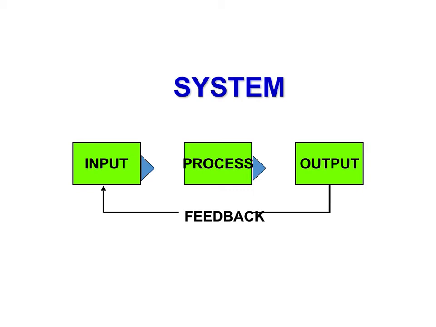What about the feedback? The feedback is used when you feel this information may not be enough to answer your questions and you need more details, so you can use it as input one more time and make another process or analyze the data in another way to extract valuable information.